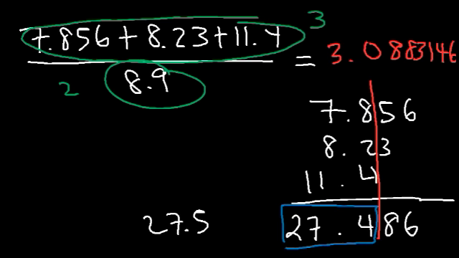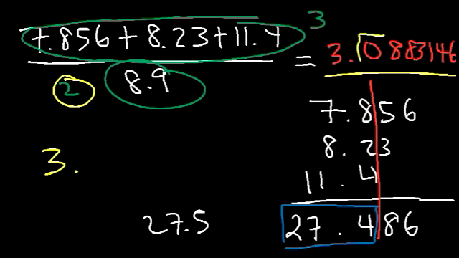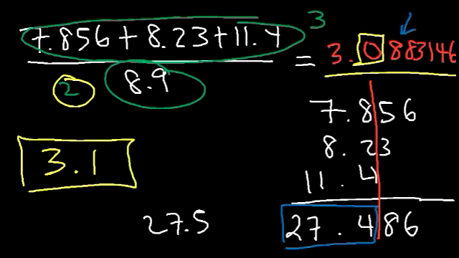So according to the rules of division, we need to round to the least number of significant figures, which is 2. 2 is less than 3. So we round this answer to 2 sig figs. So we need the 3, and we need one more number, which is a 0. So looking at the next number, we see that it's an 8, which is greater than 5. So we're going to round up to 3.1 instead of down to 3.0. So this is the answer for that problem.